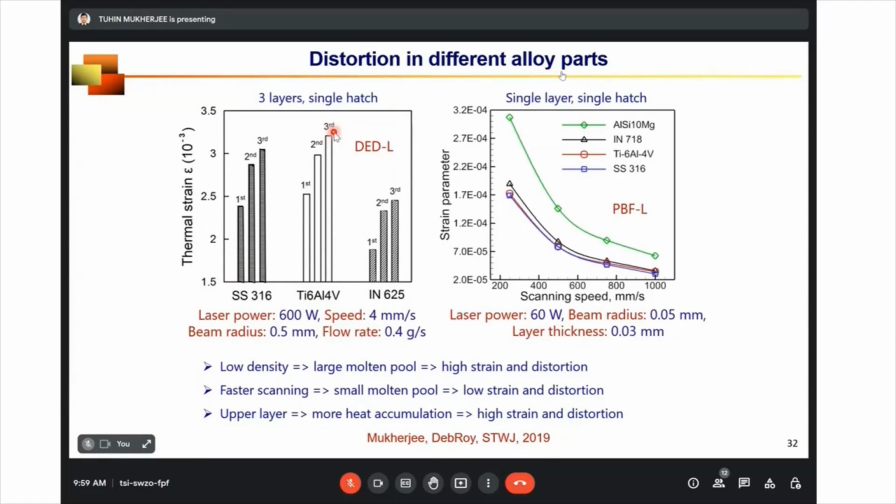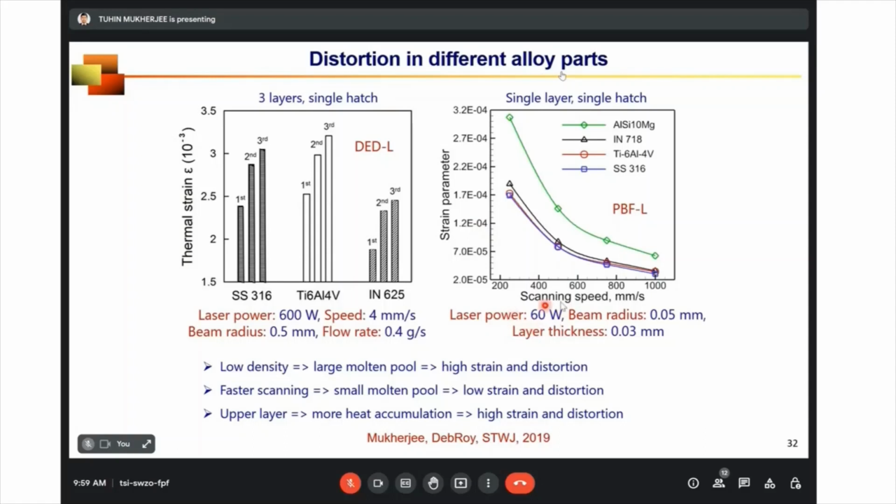And as you know, in additive manufacturing, heat flows from the molten pool through the substrate. So if you go away from the substrate, the rate of heat conduction is less. That means you are accumulating more heat, generating a larger molten pool, which will increase the susceptibility to distortion. So as we go up, the strain or the distortion also increases.